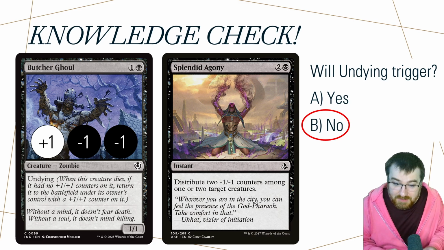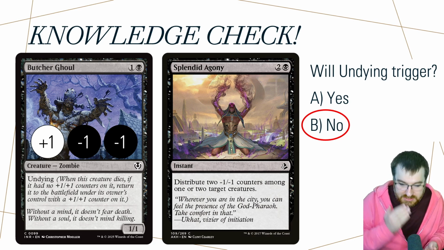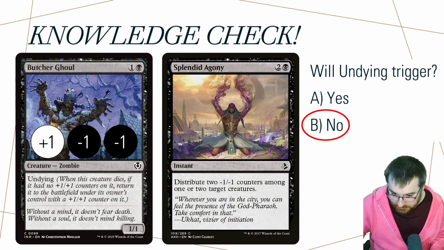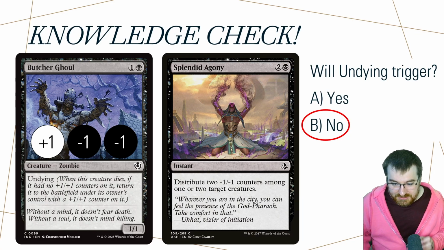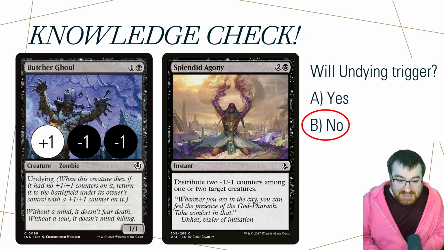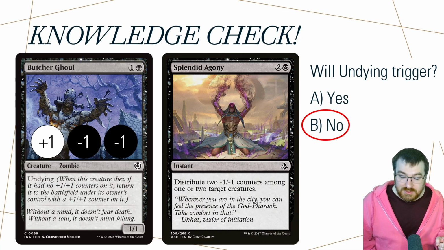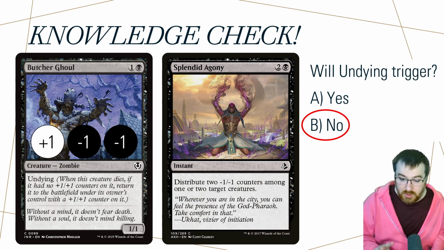Now, both of these state-based actions are performed at exactly the same time. They're performed simultaneously. However, when Undying is checking to see if it should trigger, it looks to the game state immediately before Butcher Ghoul died. And in the game state immediately before Butcher Ghoul died, it still had one +1/+1 counter and two -1/-1 counters on it.